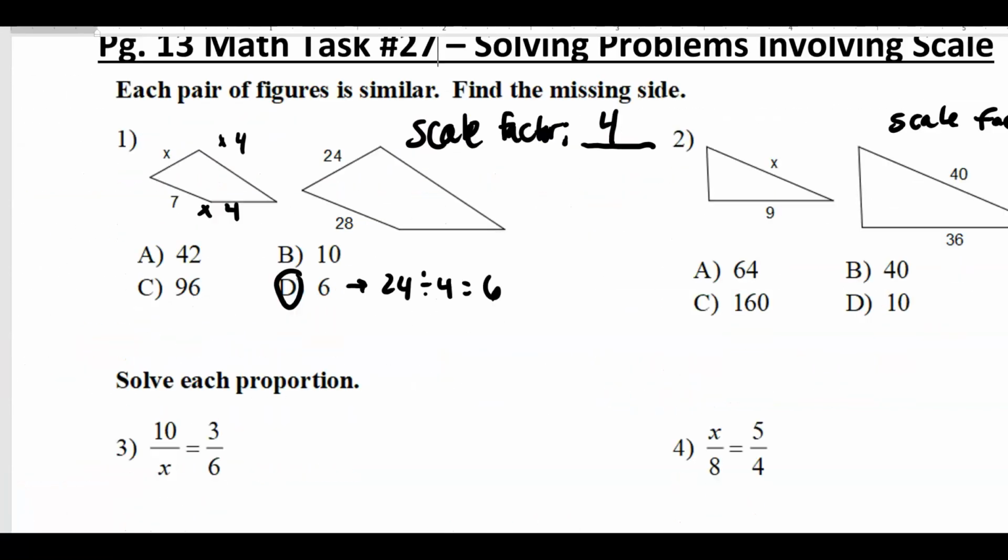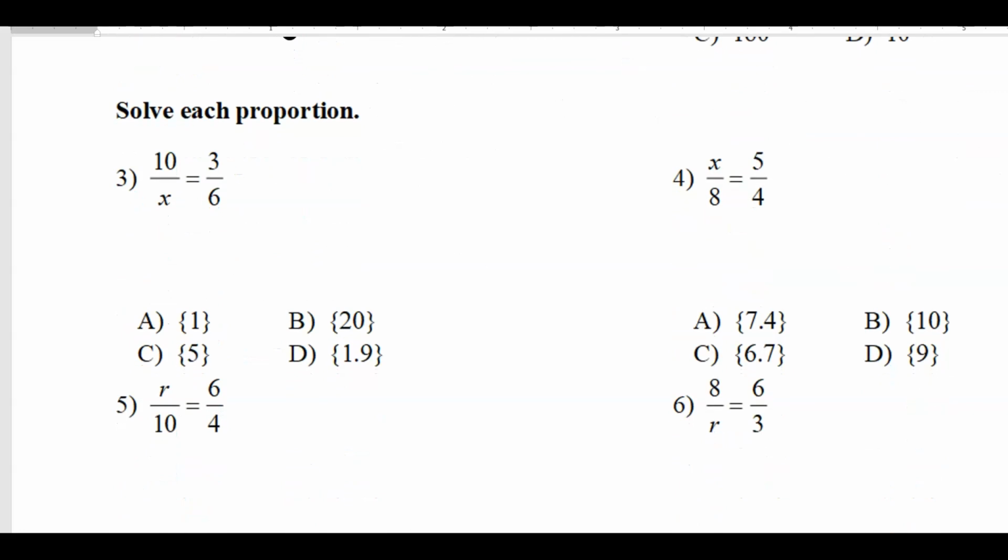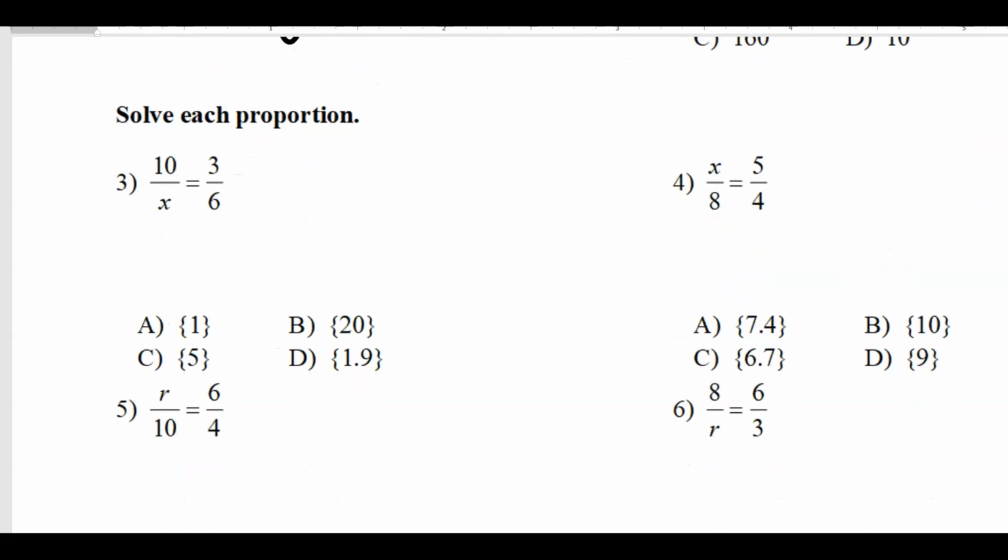All right, number 3, we're going to solve each proportion. There's a couple ways you can do this. You can ask yourself, okay, what number times 10 equals 3, or backwards, what number times 3 equals 10, or you can cross multiply. So 10 times 6 is 60, is equal to 3 times x is 3x.